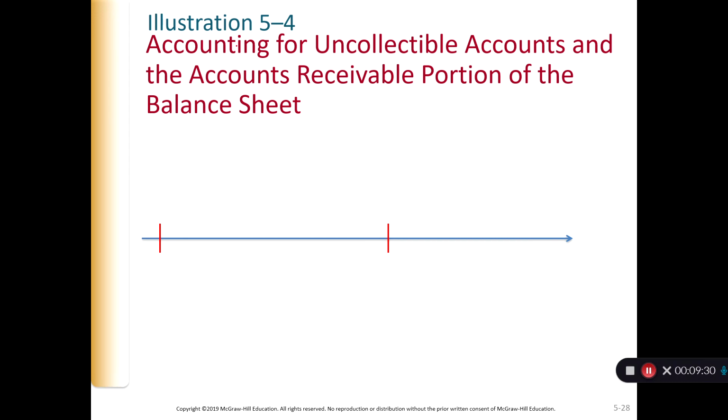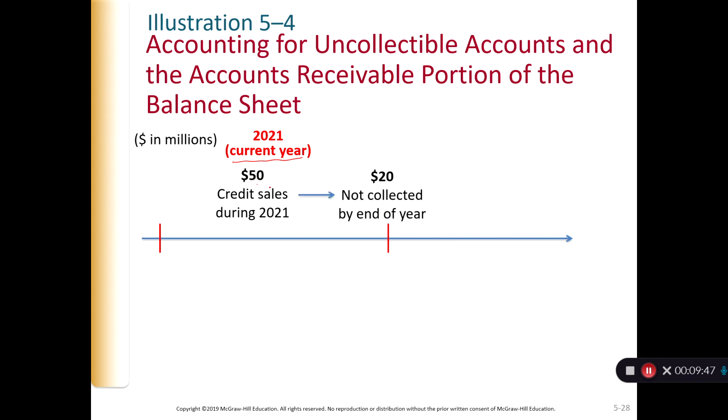So here is another illustration of the timeline, to give you a clearer understanding. First of all, in 2021, which is our current year, you made a credit sale. You believed your customer will pay you in the future. You made a credit sale for $50 million. And by the end of this year, December 31st, you find that 20 million out of 50 million haven't been collected yet.